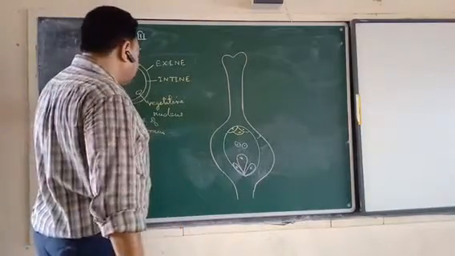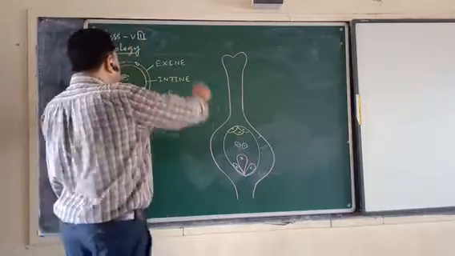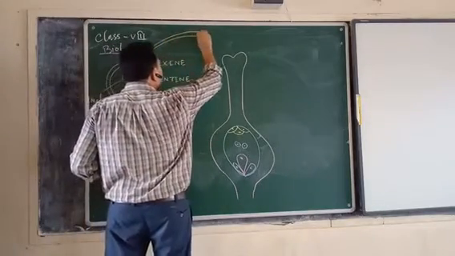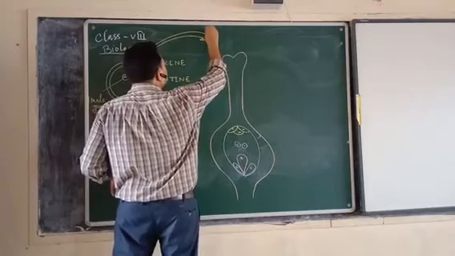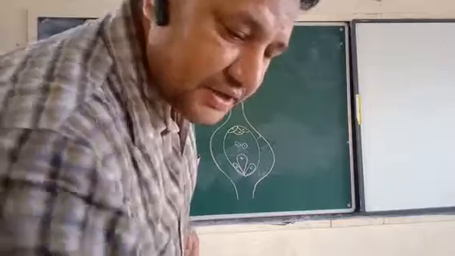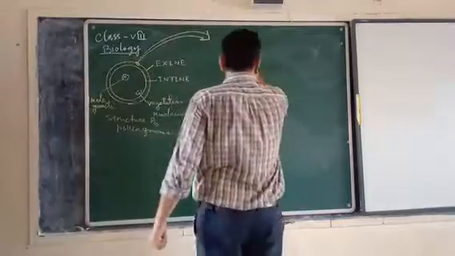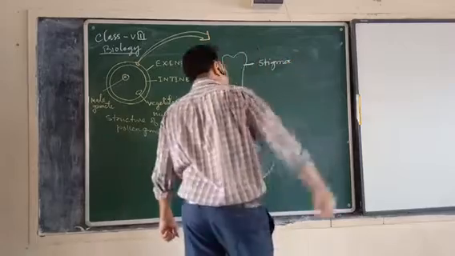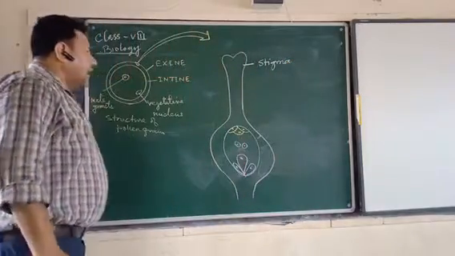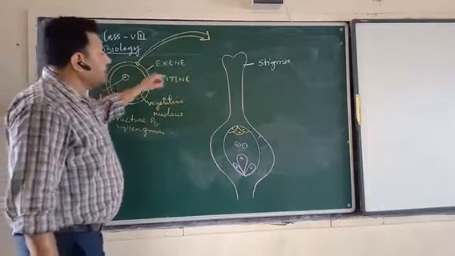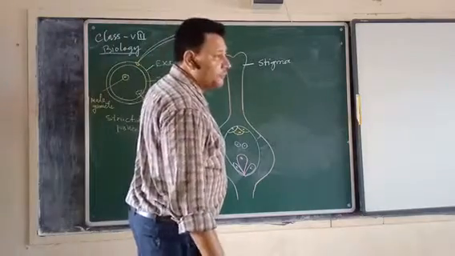Now, by the process of pollination, this pollen grain will reach the stigma. As you have seen in pollination, this pollen grain will come to the stigma.